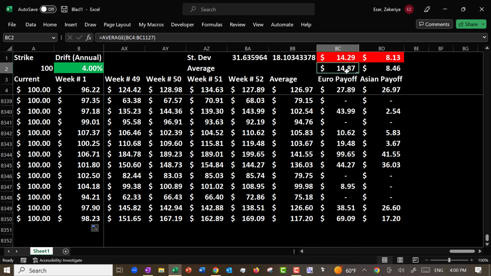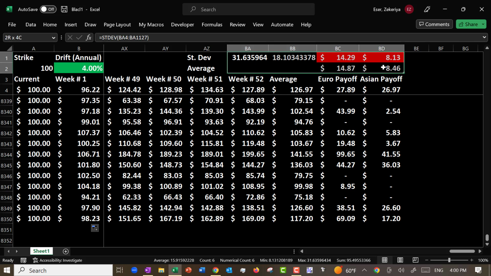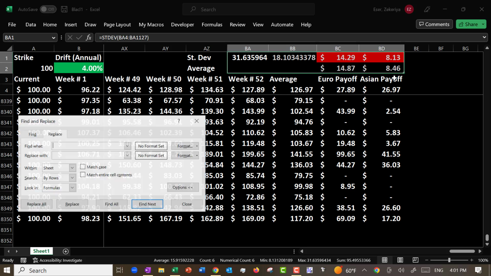Let's see, on these averages, 1127s are going to be 8350. I'll show you a quick and dirty way of doing those things. In all of these formulas, I want to change 1127s to 8350s. Hit Control H, which is global find and replace.